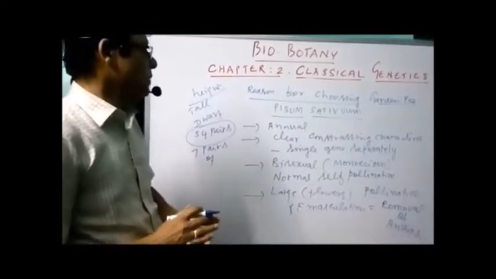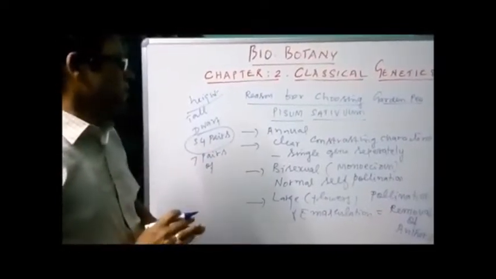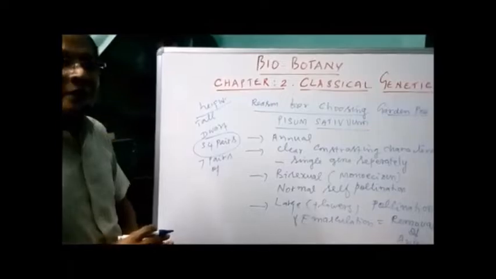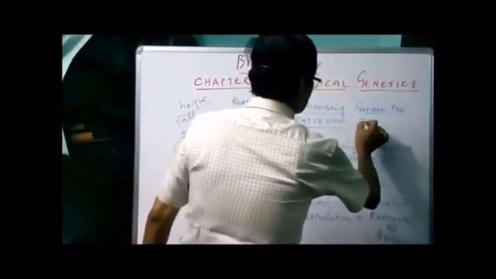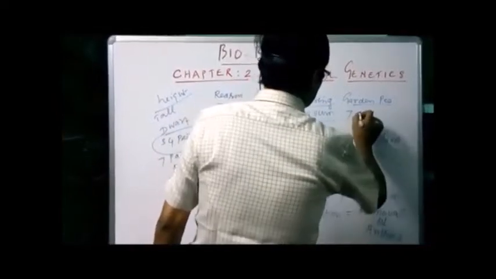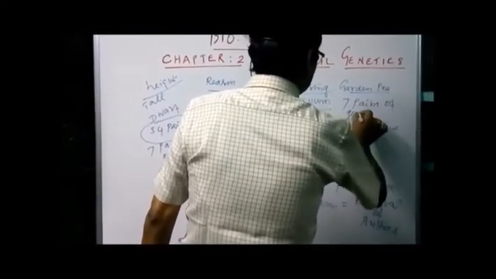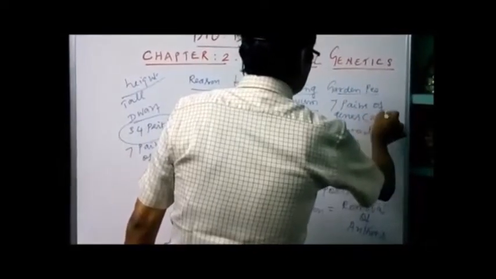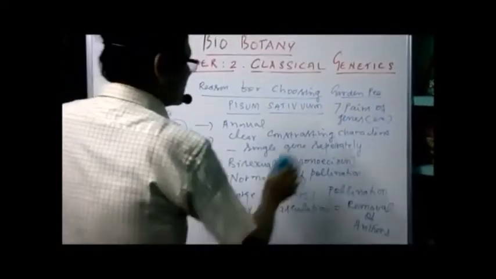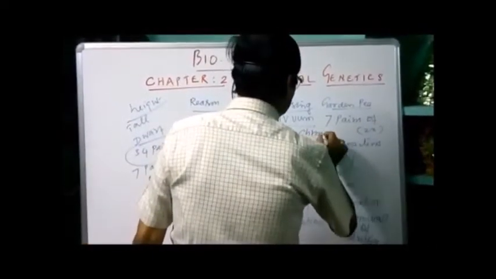Also, the plant has only 7 pairs of genes, sorry, not genes, 7 pairs of chromosomes.